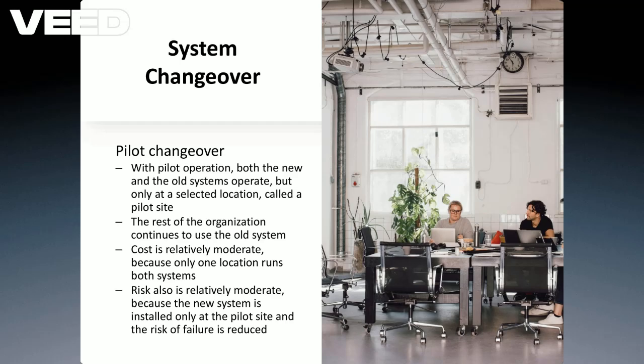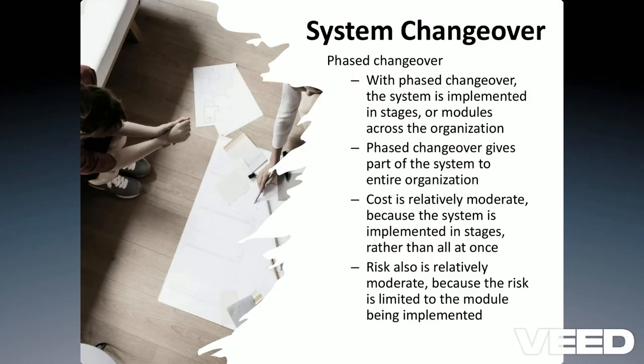But if it had gone in other branches, it would have been successful. But because you're basing on the success or otherwise of the pilot, you find that a very good system may end up not being implemented in other branches or across the organization. That is the pilot.